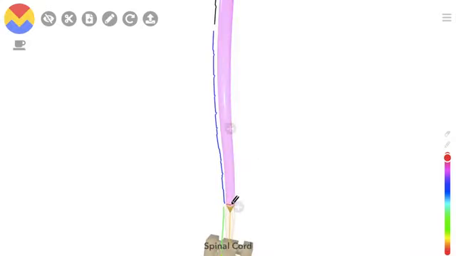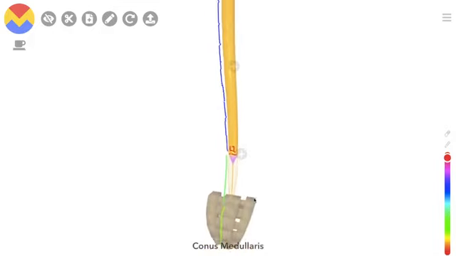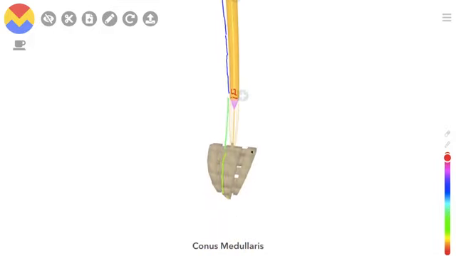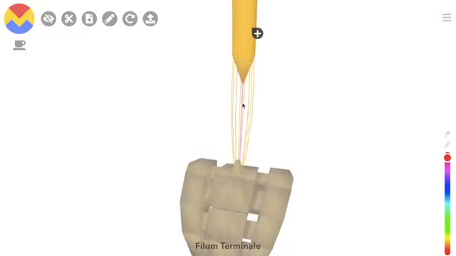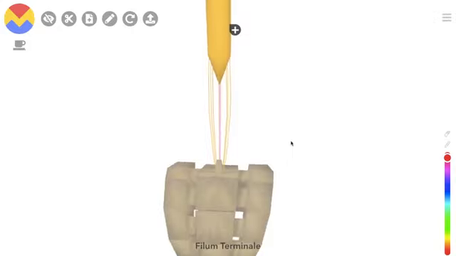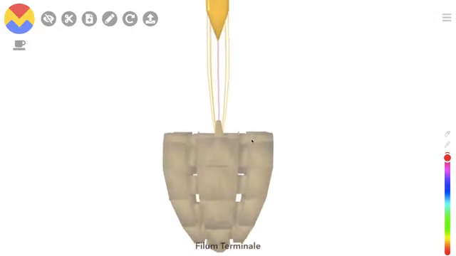The spinal cord proper thins around L1 into the conus medullaris. At the very tip of this structure, we can see the filum terminale, which extends caudally to attach to the first coccygeal vertebra.